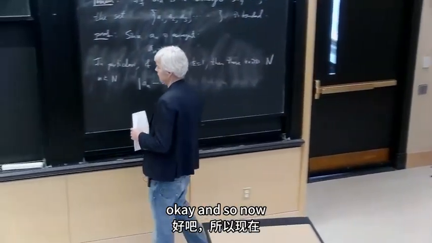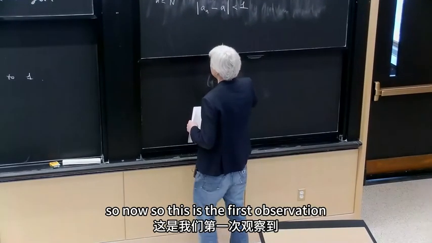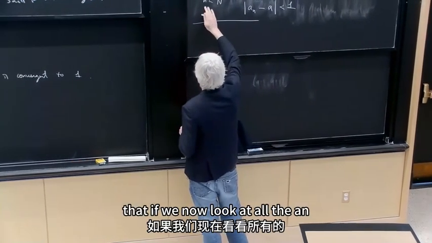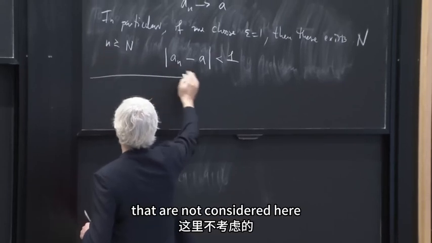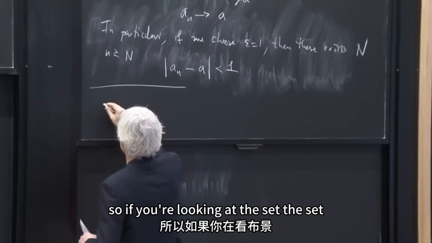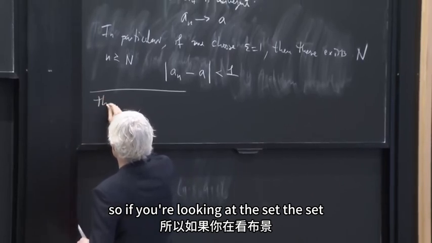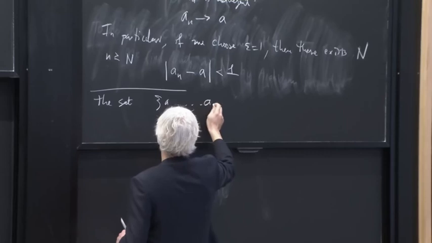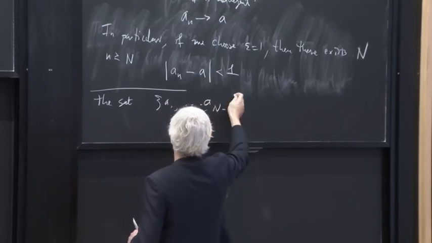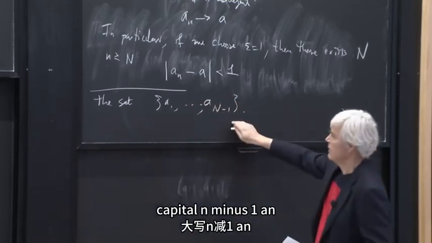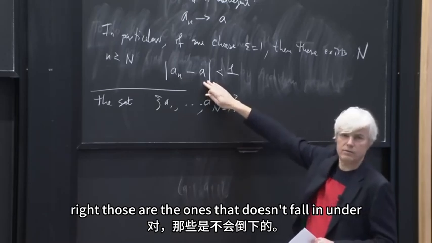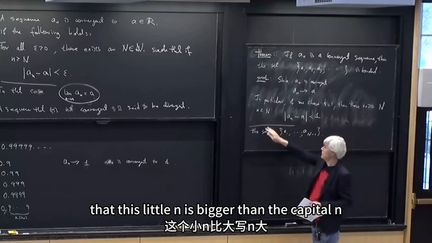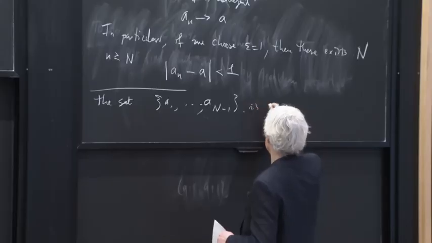Okay, and so this is the first observation. The second observation is that if we now look at all the a_n that are not considered here, the set of the first capital N minus 1 terms, those are the ones that don't fall under little n being bigger than capital N. So this set here is finite.